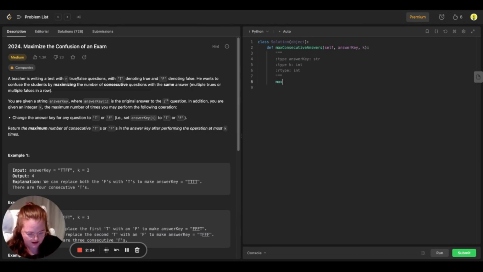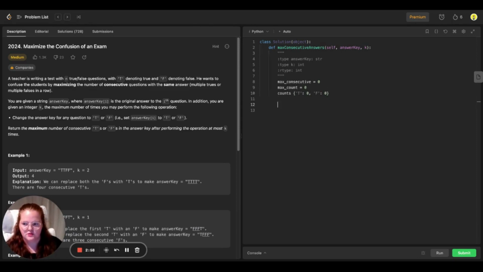So let's say max consecutive equals 0, max count equals 0, and then counts, we're going to say T is 0 and F is 0. So that feels pretty good, initializing those variables. It seems like a good place to start.